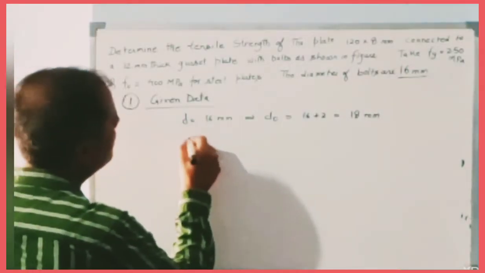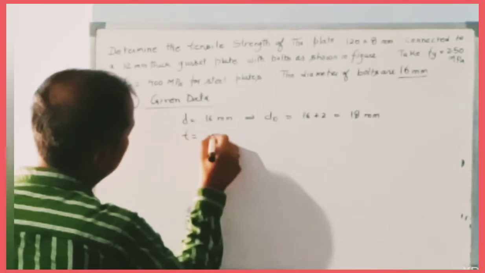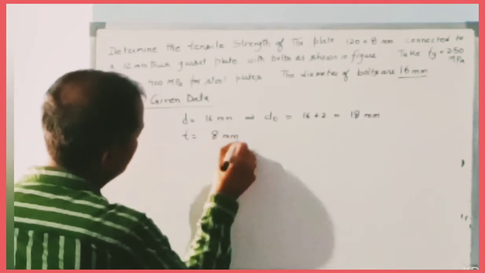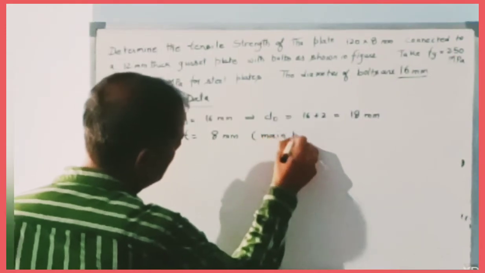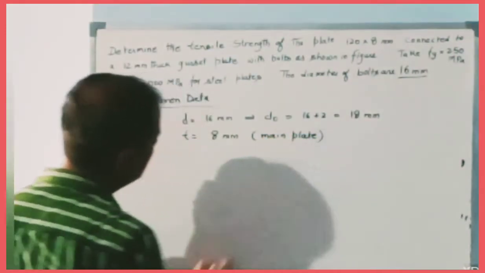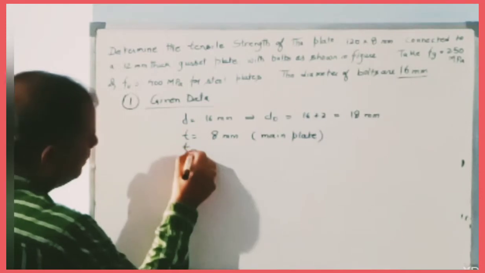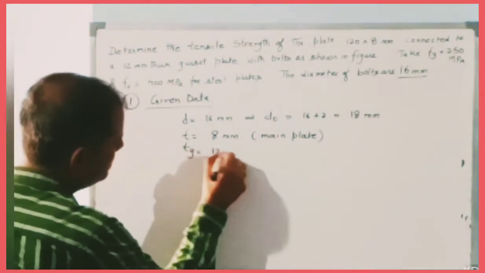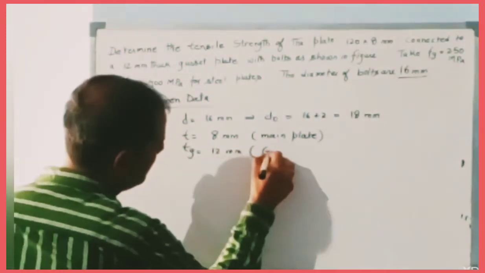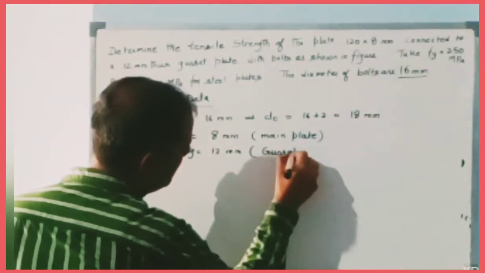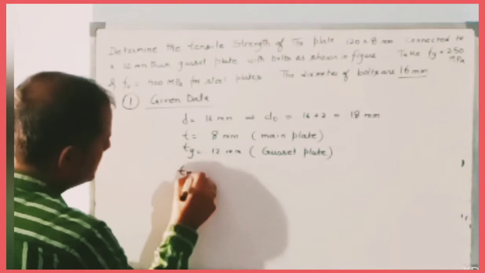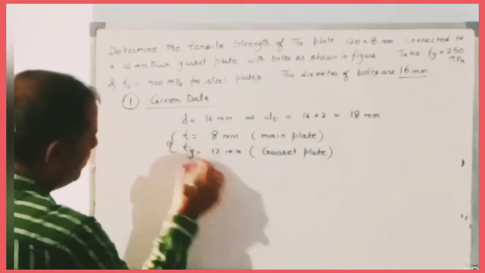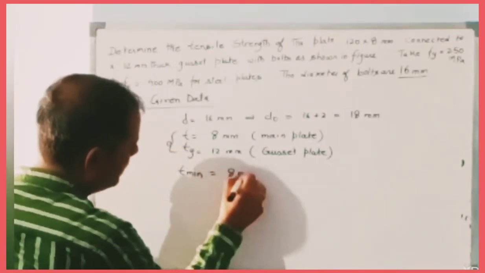And what is the thickness of the plates? One is 8 mm, that is the main plate, and the thickness of the gusset plate is 12 mm. So the minimum thickness out of the two plates is 8 mm.